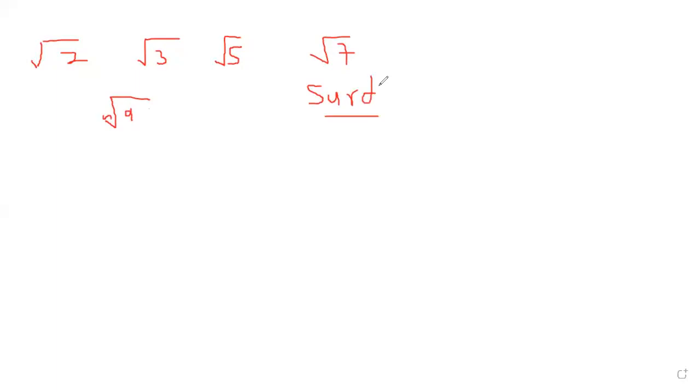So we have the square root of 2, the square root of 3, the square root of 5, the square root of 7, square root of 11, etc. Such roots are called surds. We generally write them as the nth root of a certain number. When it is irrational, we say it is called a surd. S-U-R-D.